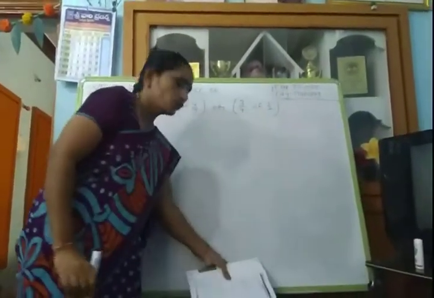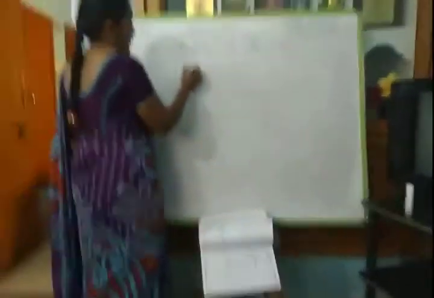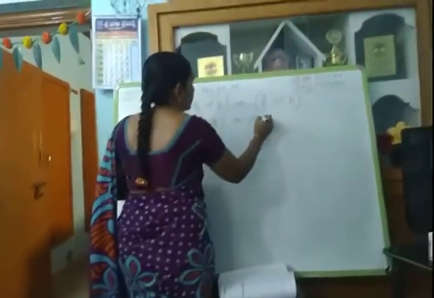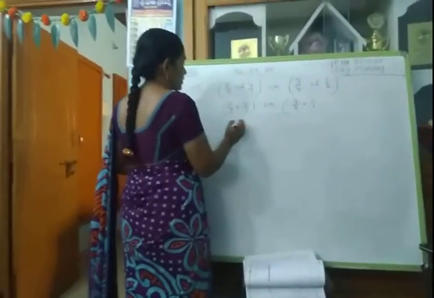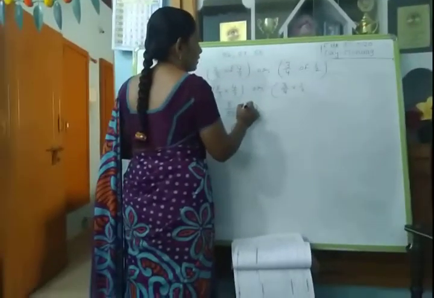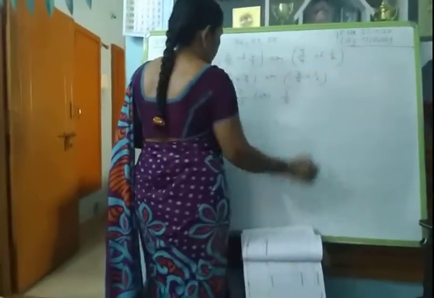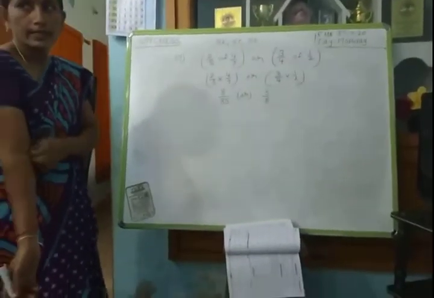From this, which one is greater? Of means what do we have to do? Multiplication. 2 by 5 into 4 by 7, or 3 by 4 into 1 by 2. 2 4s are 8, 7 5s are 35, or 3 1s are 3, 4 2s are 8. So which one is greater, they asked.